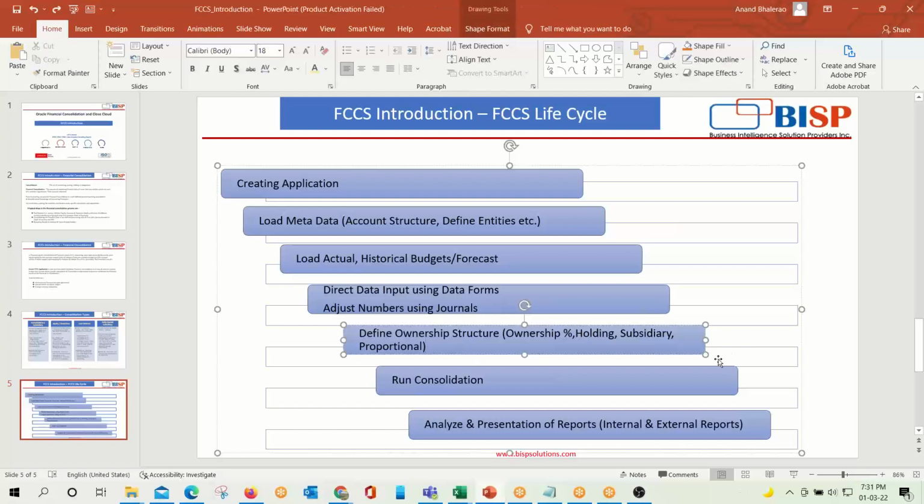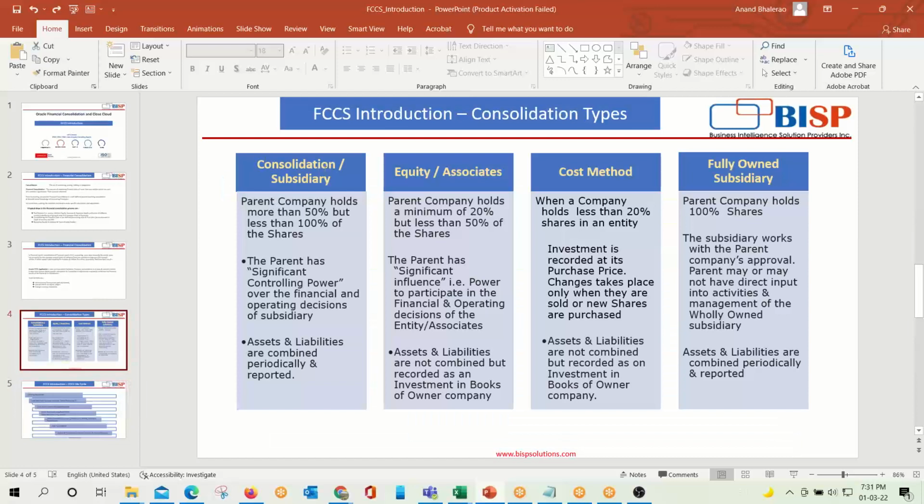Further, we need to define the ownership structure, that is the ownership percentage, holding, subsidiary status: which entity owns which, who the different shareholders are, what the ownership percentage is, which companies are holding, which companies are proportional or associate.